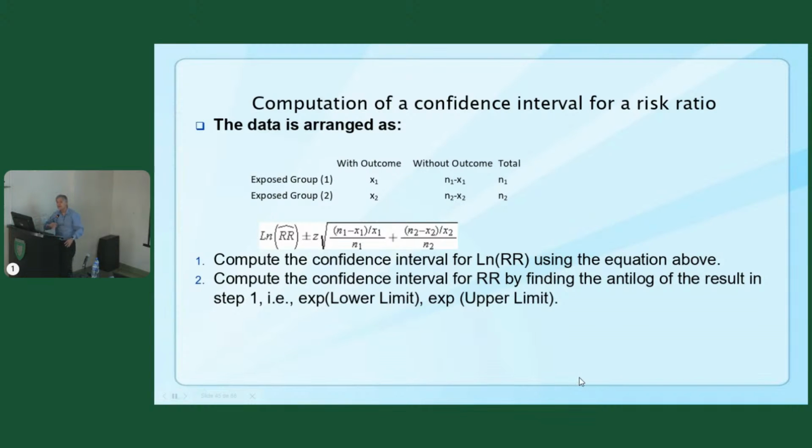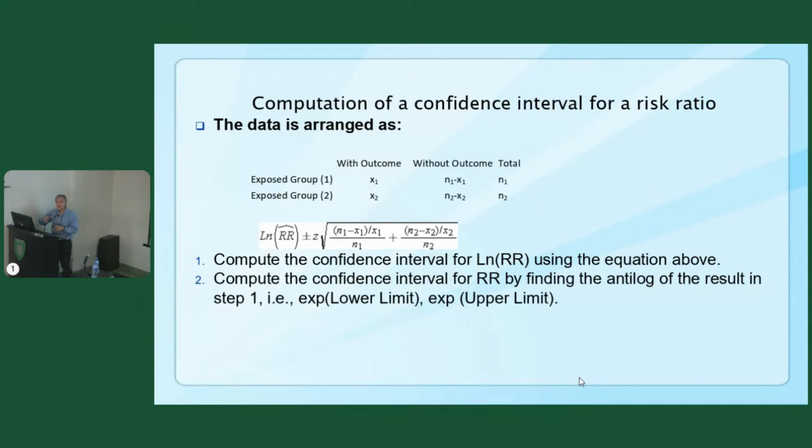And the reason I didn't explain to you, but the reason we take the logarithm of relative risk or incidence rate ratio, and you're going to do the same later on for odds ratio in case control, is because the frequency distribution of all possible incidence rate ratios, all possible risk ratios, is curvilinear, skewed to the right.